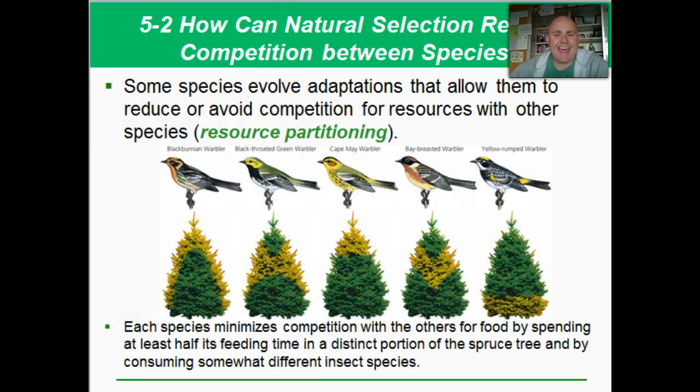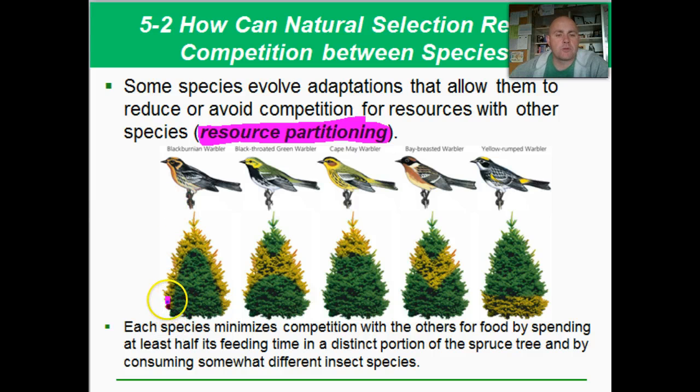And so one way that happens is through this process right here called resource partitioning. An example are these warblers, a variety of different types of warbler species that all hang out in the same pine trees. As a result, they've broken it up or partitioned out the resource of the tree itself and the pine nuts inside the tree for eating.